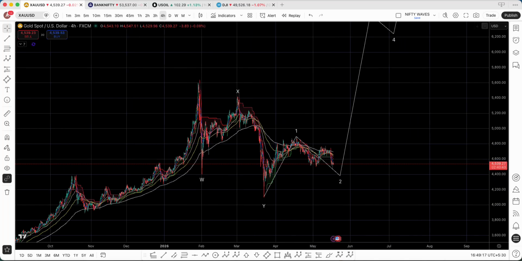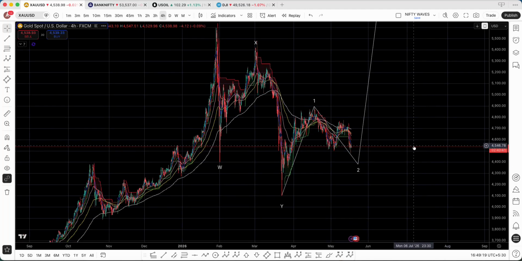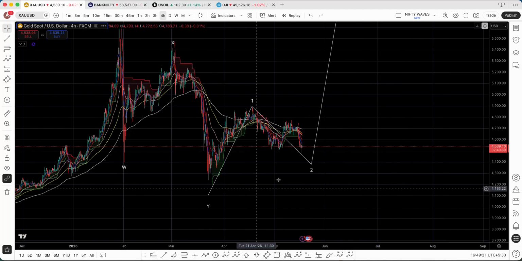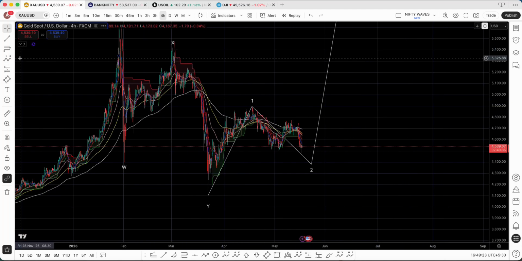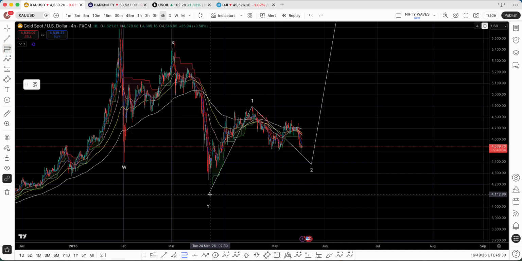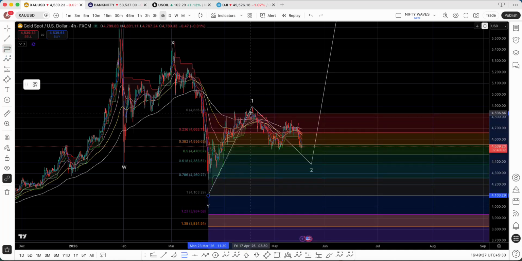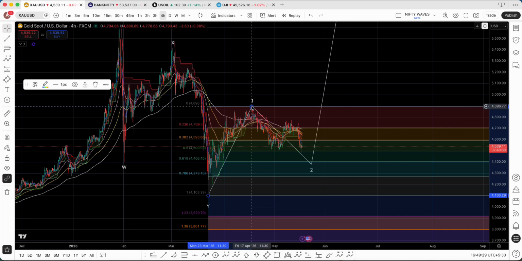If we're looking at playing this scenario, let's just zoom in on this area because this becomes the area of interest. We just pull our Fibonacci tool out, and as you can see, price is kind of playing at around the 50% mark. Wave 2 typically does 61.8% off wave 1.